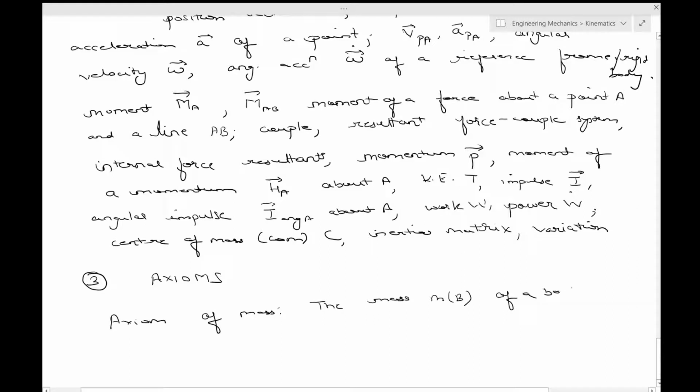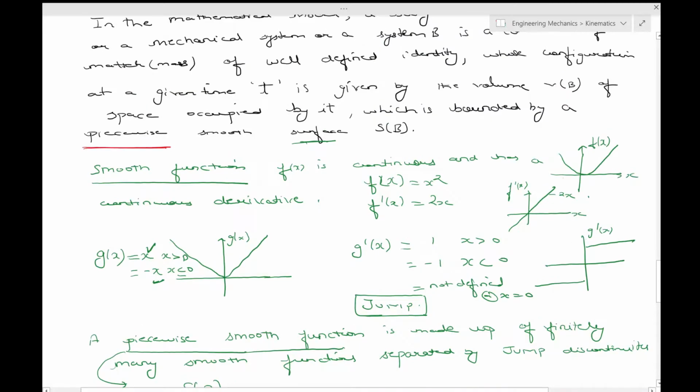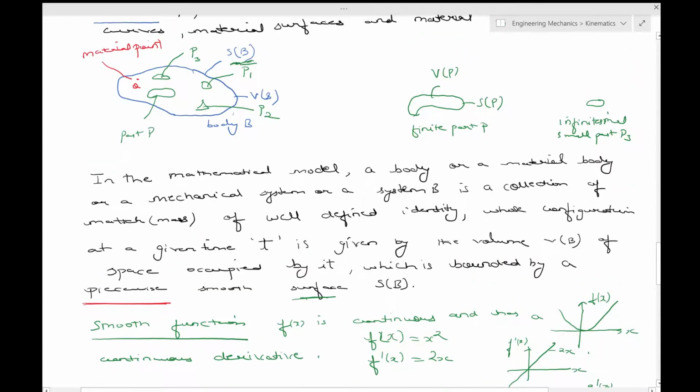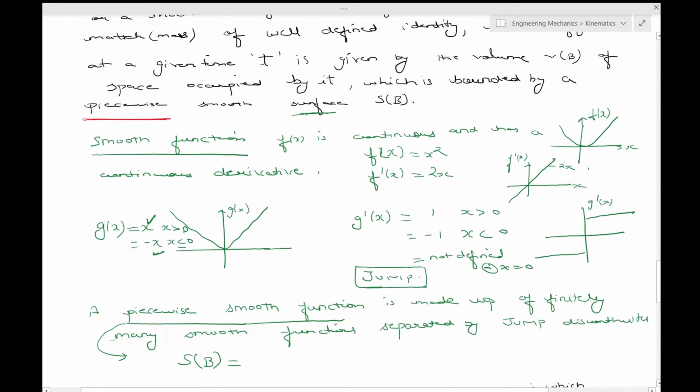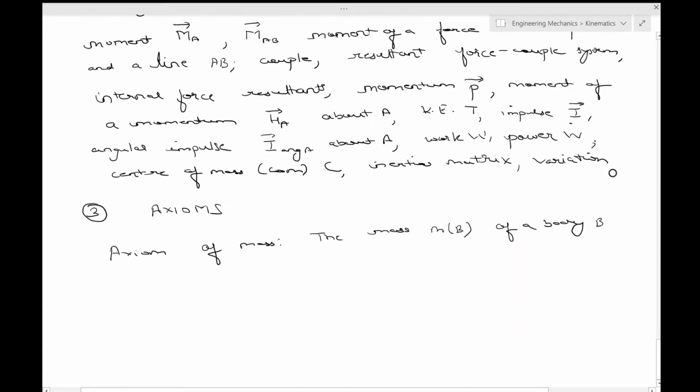The mass mb of a body. Remember, B was shown to you over here. Okay, over here. Okay, this was a body B. So the mass mb of a body B will be equal to the union of all the parts. So the body B is a union of all the individual parts.